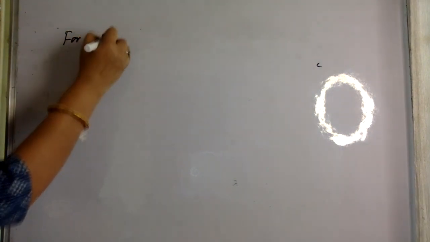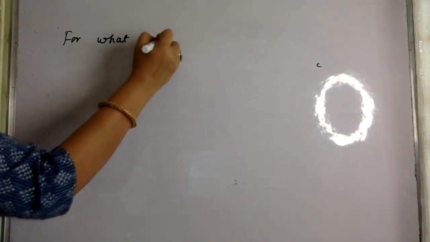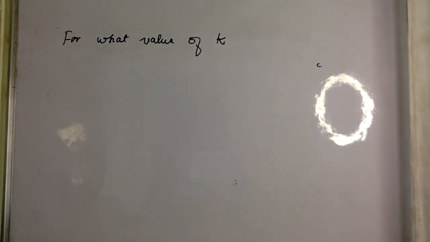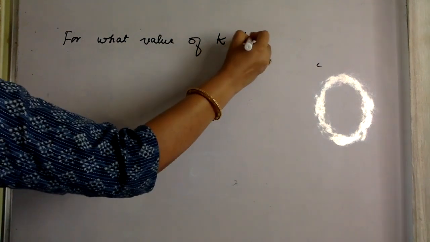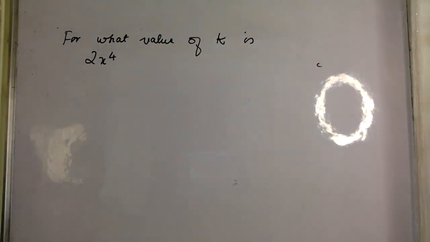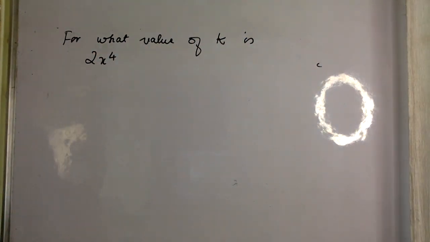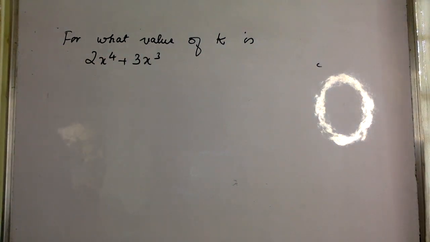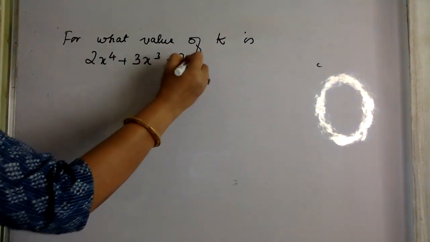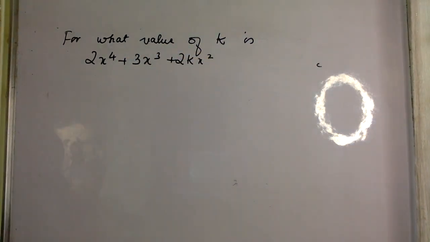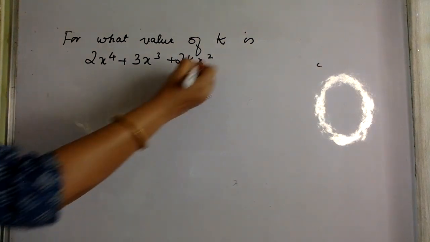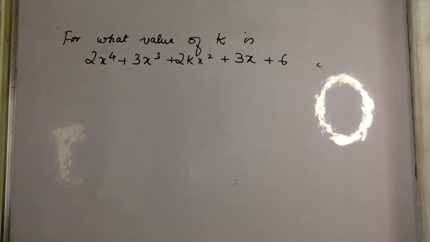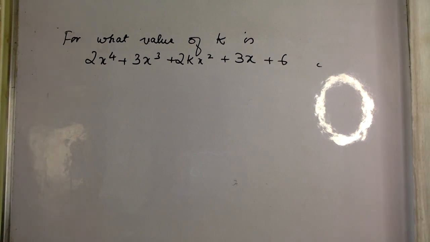For what value of k is 2x to the power 4 plus 3x cube plus 2kx square plus 3x plus 6 exactly divisible by x plus 2?